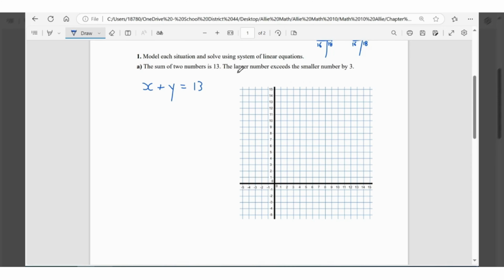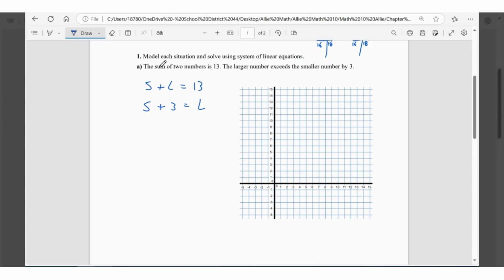And the larger number exceeds the smaller number by 3. So we would have x plus 3 equals y. Maybe it'd be better to use smaller plus larger, and the smaller plus 3 equals larger.